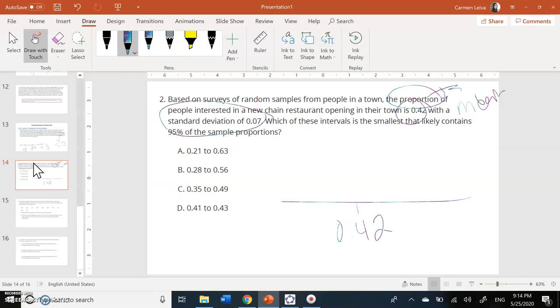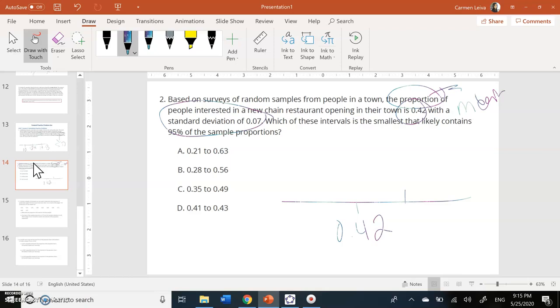The same way you would treat it in a normal distribution, that's the way you're going to treat it here. They're saying that you want it within 95%. So if we say 95%, that will mean how many standard deviations within the mean? By now you should know that is 2.